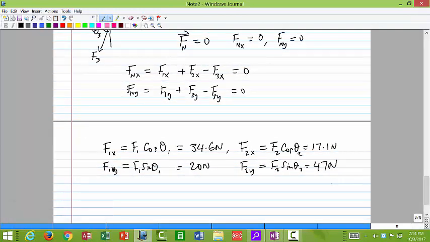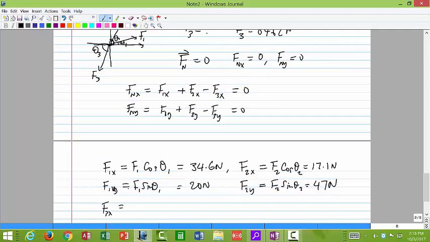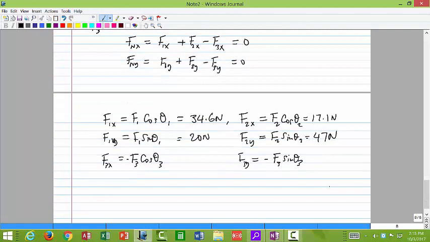So now, what is F3x? If you like, you can use the angle I just gave you. So the x component of F3 is F3 cosine theta 3, and F3y is F3 sine theta 3. So let's put it all together.